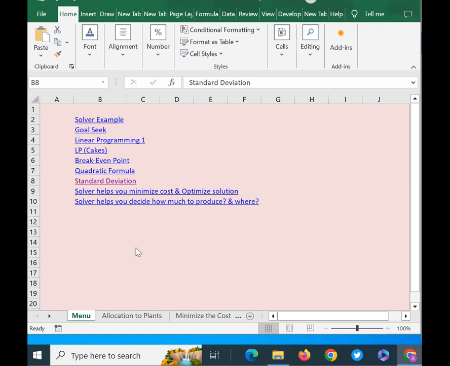Okay. So, for example, if you have 10 numbers, all are 10. So their average is 10 because all are 10, right? And the standard deviation is 0 because there is no deviation.